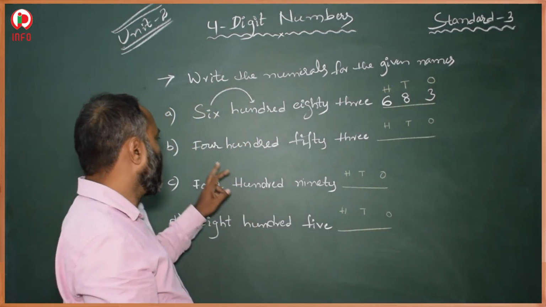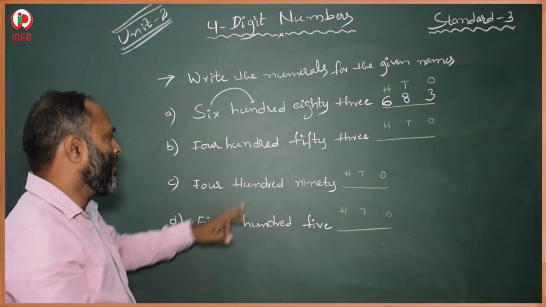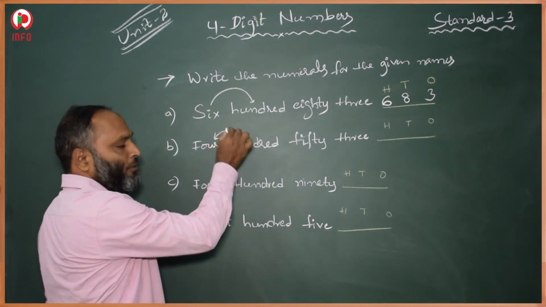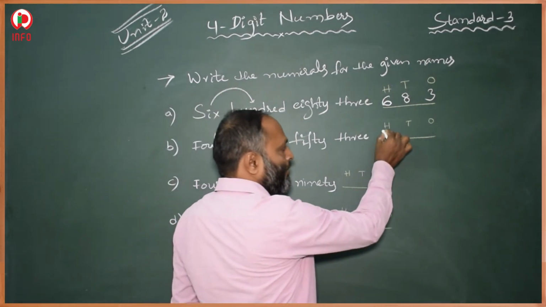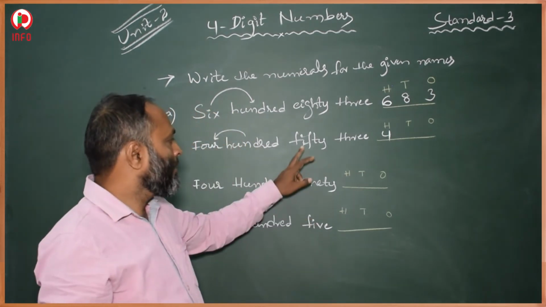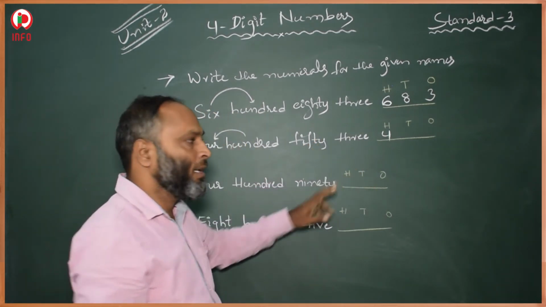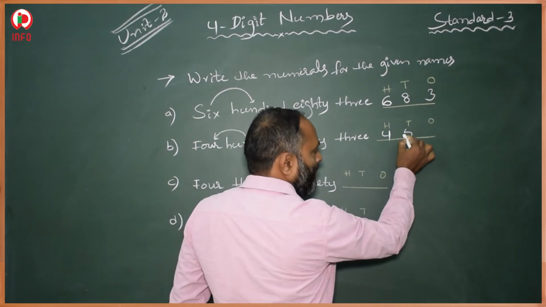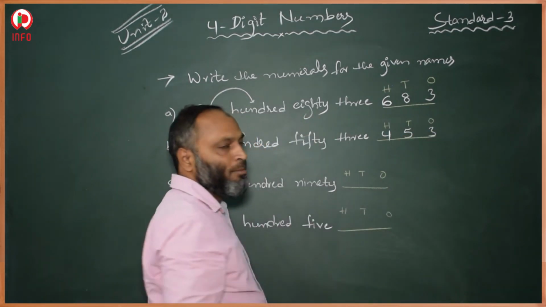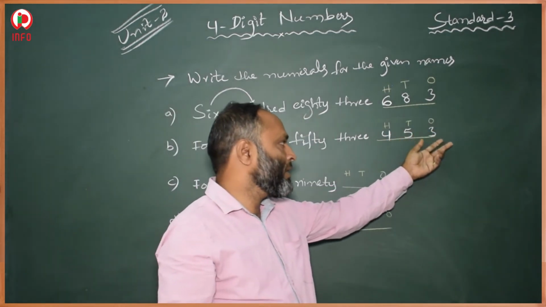Now here, 400. What is in the hundreds place? 4. Next, 53. In the tens place 5 and in the ones place 3.